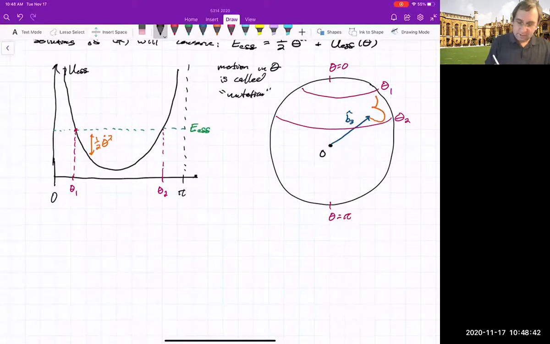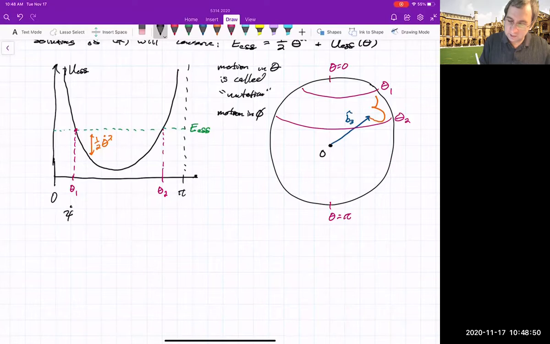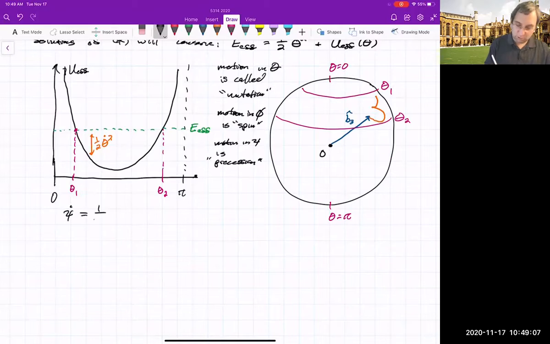And then psi dot, let me say what the other things are. Motion in phi is called spin. Motion in psi is precession. We can get at the precession by looking at the reconstruction equation for precession.